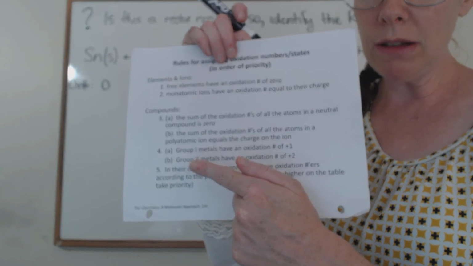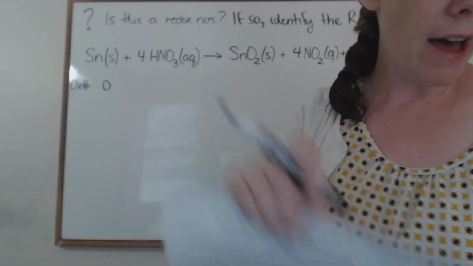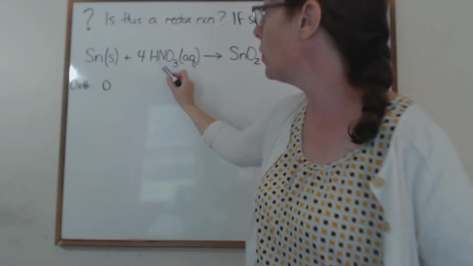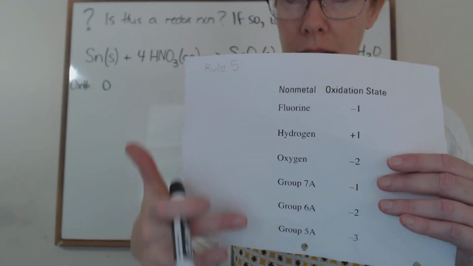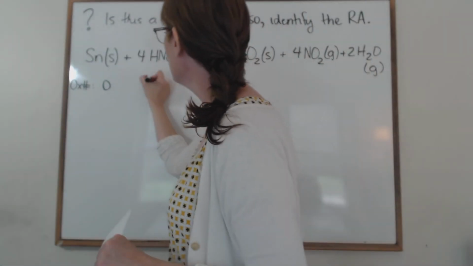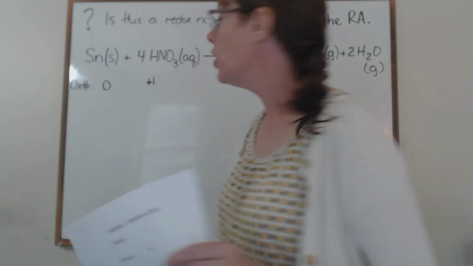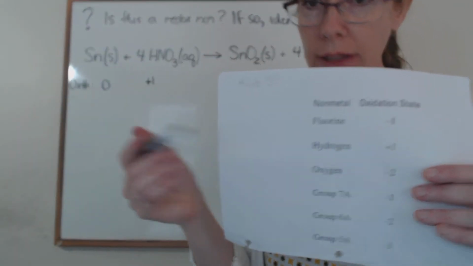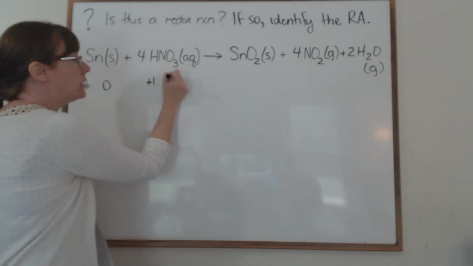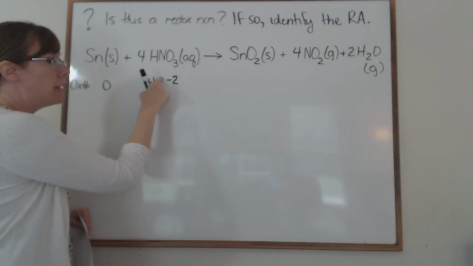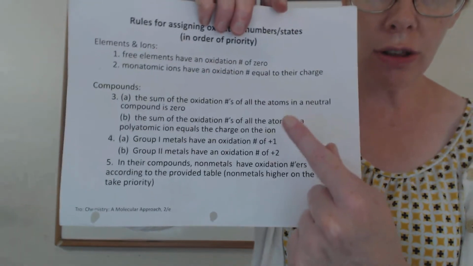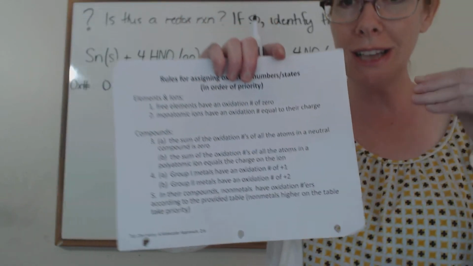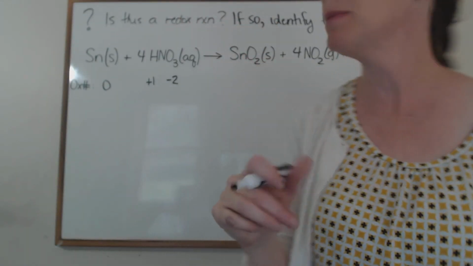Rule 4 deals with metals. We don't have metals here. Rule 5 deals with the non-metals. Let's give them an order of priority. Who gets first priority? Who's highest on this list? Hydrogen. +1 for hydrogen. Who is second priority? Oxygen. And once you only have one guy left, that's when you always have to revert back to make sure they all add up to 0, because that's your only time that you get to make sure they all add up to 0.